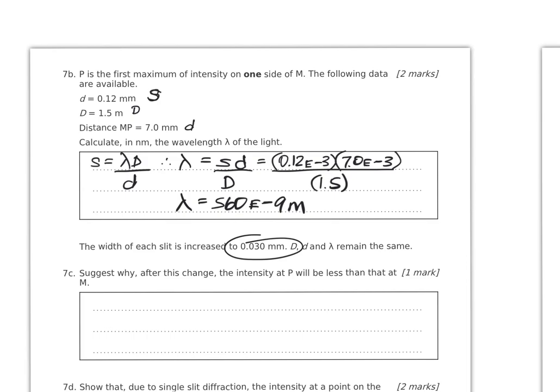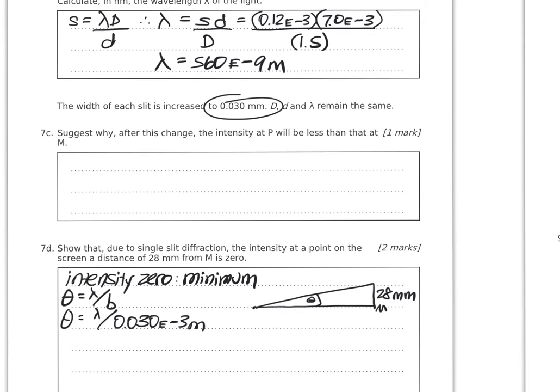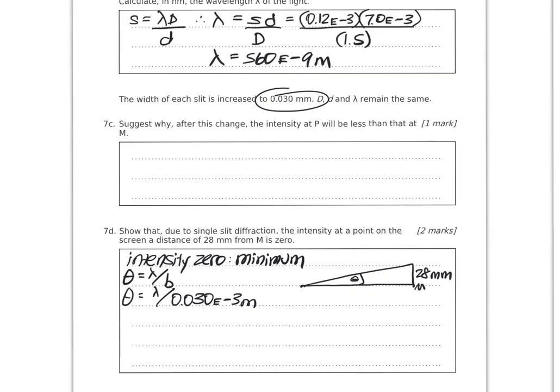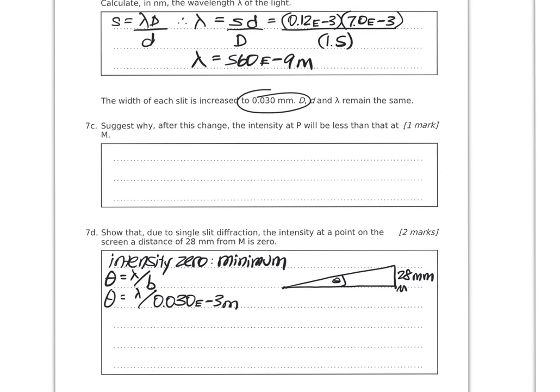The reason why I want to know that is because it's relevant down here in my calculation for theta on 7D. And so that gets me lambda over B, B being the slit width in this case. That's that 0.03 millimeters that I referred to earlier. And then we wind up with an angular displacement of 0.01867 radians.